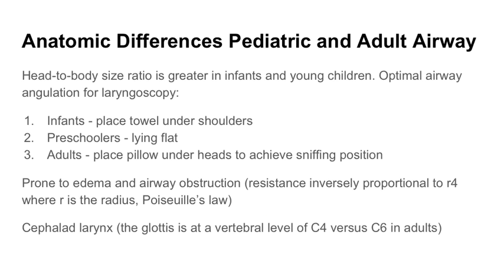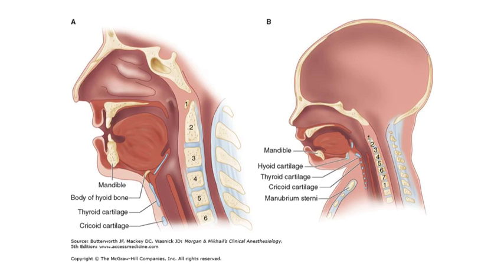And the position of the larynx for a small child is more cephalad, at the level of C4 rather than C6 in adults. So this is a pictorial representation of the differences between the pediatric and the adult airways. You can see they're more crowded, and the child will naturally flex his or her head when lying on a flat surface.